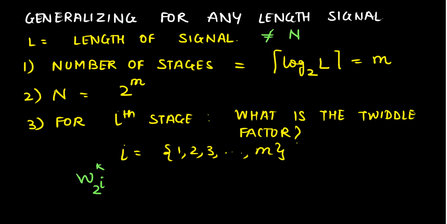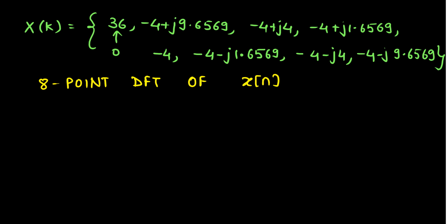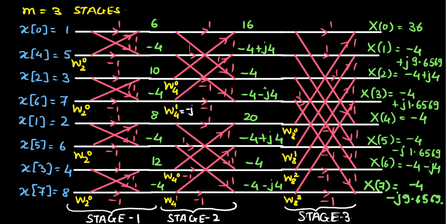Now the next thing we need to check is the range of k, and this k should be varied from 0 to 2 to the power i by 2 minus 1. So if we observe, for i equal to 1, 2 to the power i is 2. So 2 to the power i by 2 minus 1 is 2 by 2 minus 1, that is 0.